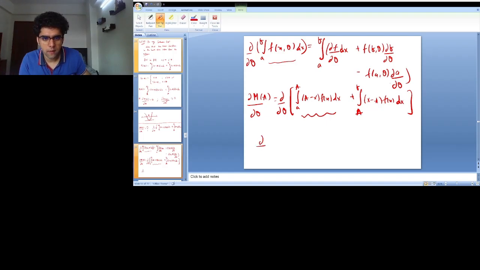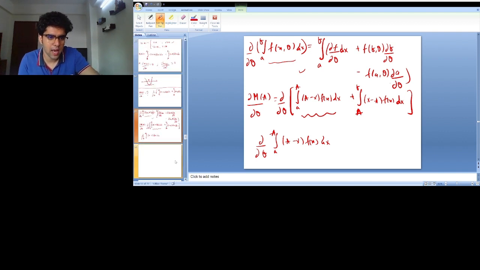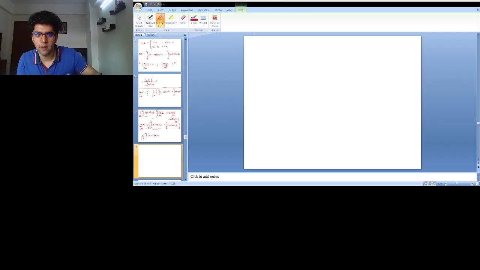Yes. So now I am going to find the value of this first expression. For finding the derivative of the first expression, so del by del theta of the integral from a to A of minus x f(x) dx, I am going to apply this formula. So I am going to define this a minus x f(x) as g(x, a), right?